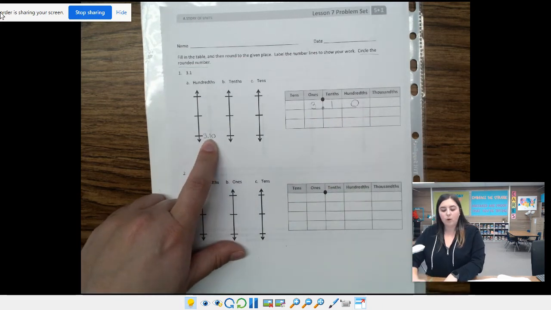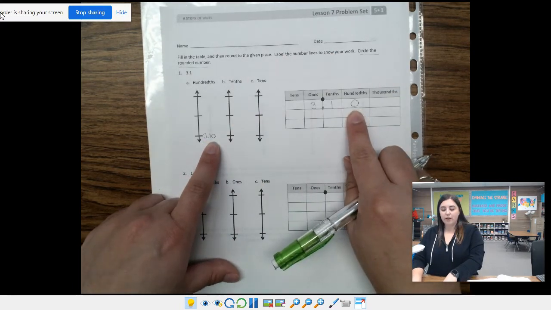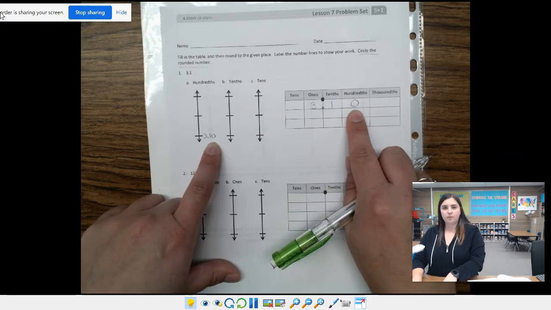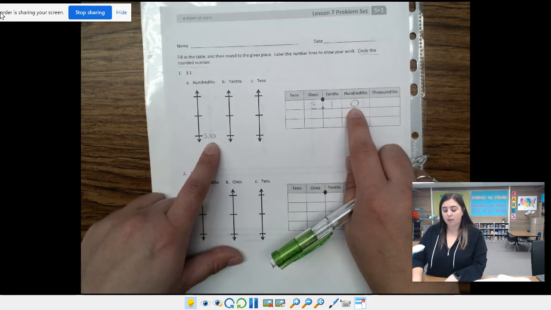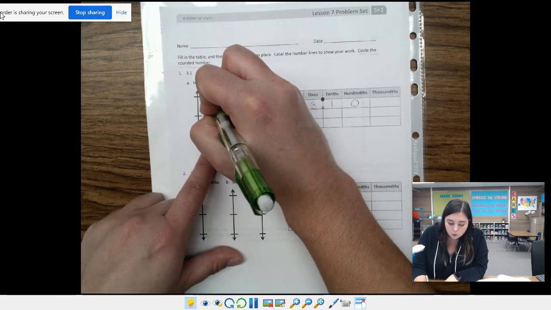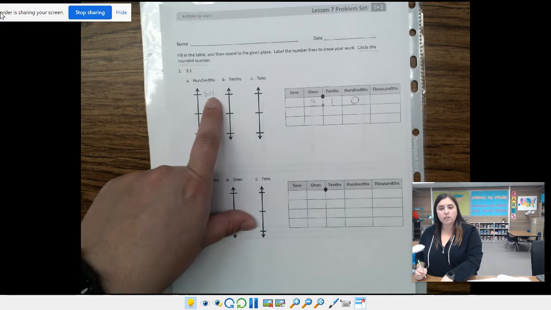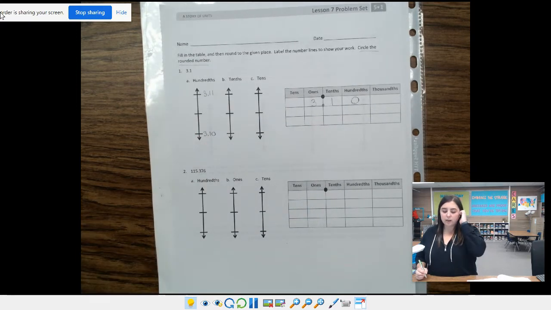Then I need to figure out what's going to be my top number. I need to add a hundredth. So if I have 0 hundredths right now, what would be one more? One hundredth. So I'm going to add 3.11. So I have 0 hundredths in this one, one hundredth in this one, and everything else stayed.